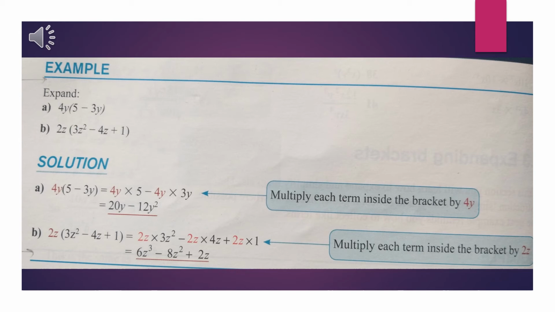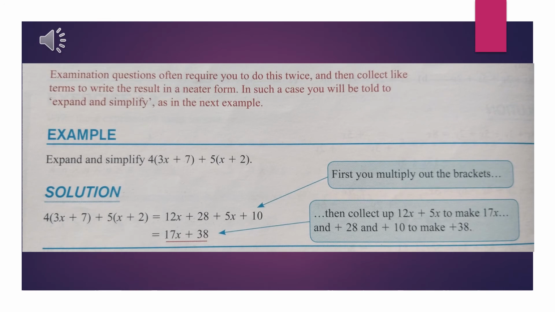And finally it comes to 6z to the power 3 minus 8z squared plus 2z. Examination questions often require you to do this twice and then collect like terms to write the result in a neater form.